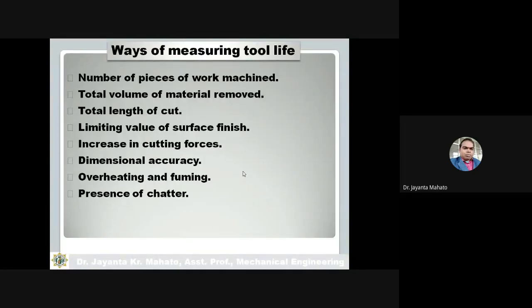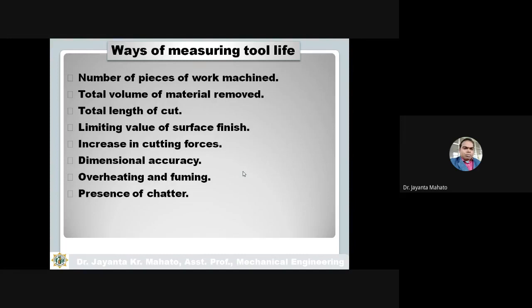Okay, so now the way of measuring tool life. How we measure a tool life. So this is the number of pieces of work machined, how many workpieces have been machined by using that tool.